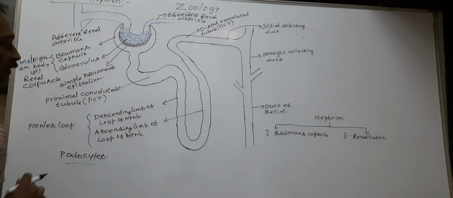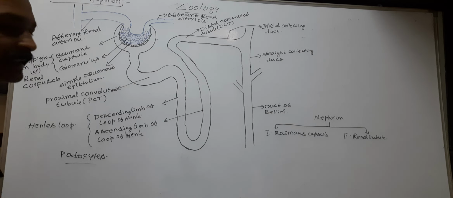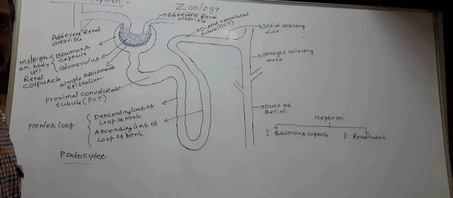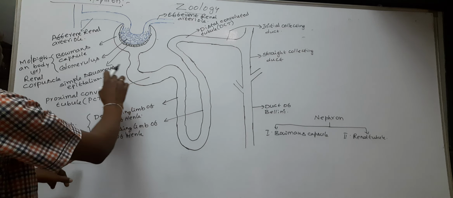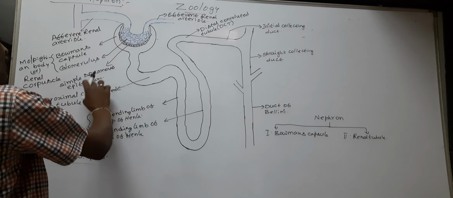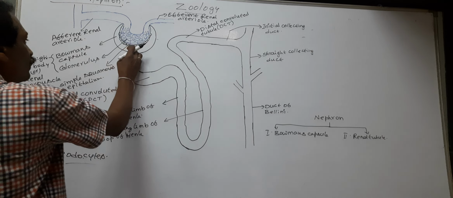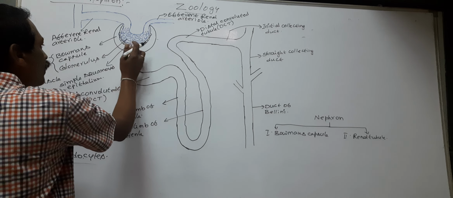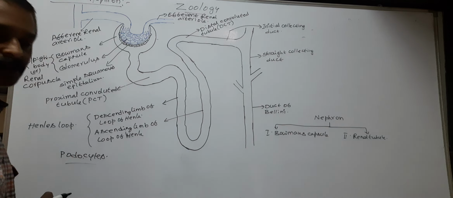Podocytes form filtration slits or slit pores. So the podocytes, the simple squamous epithelium of inner layer of Bowman's capsule, form small openings or pores.